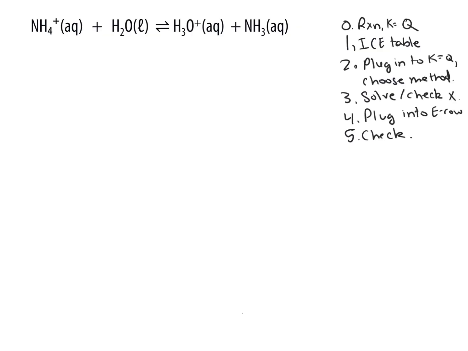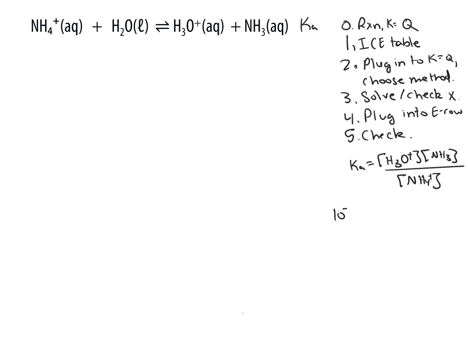From the previous slide, we had the reaction, but we do need the K equals Q. Since NH4 plus is a weak acid, this is a Ka equilibrium that we're thinking about. So Ka is equal to H3O plus times NH3 over NH4 plus. That is the K equals Q expression. We do need a value for Ka, however, so we may as well do that now.